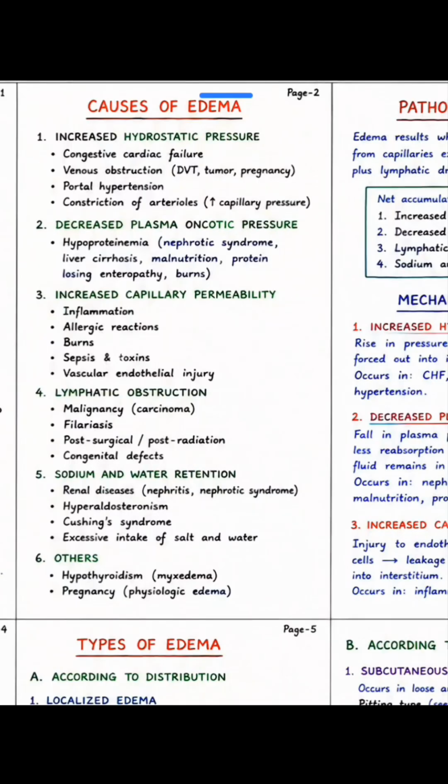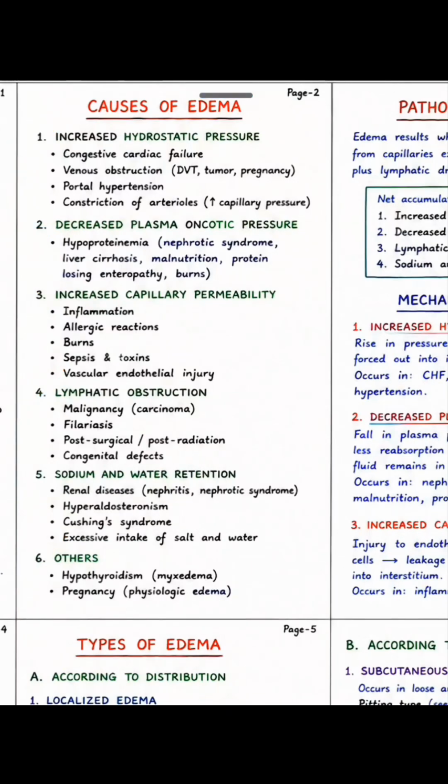Increased hydrostatic pressure, decreased plasma oncotic pressure, increased capillary permeability, lymphatic obstruction, and sodium and water retention. Others include hypothyroidism, myxedema, and physiologic edema of pregnancy.